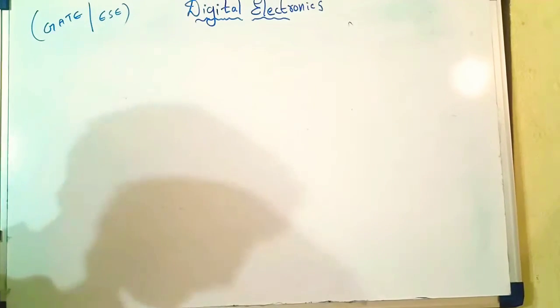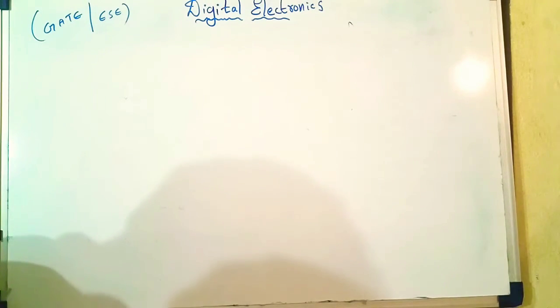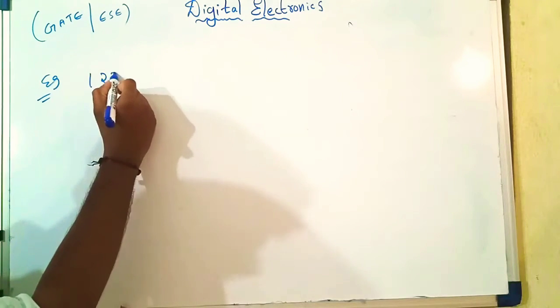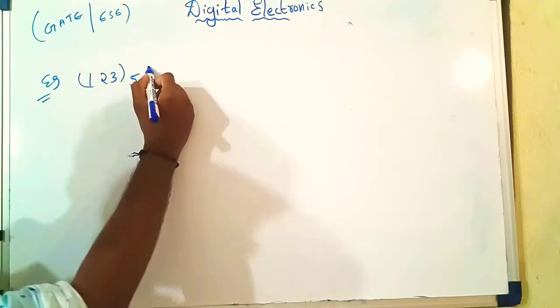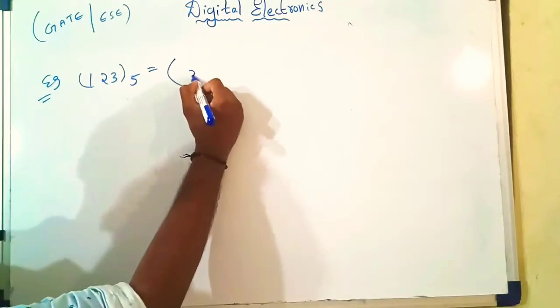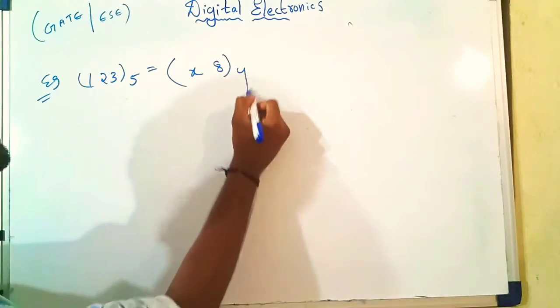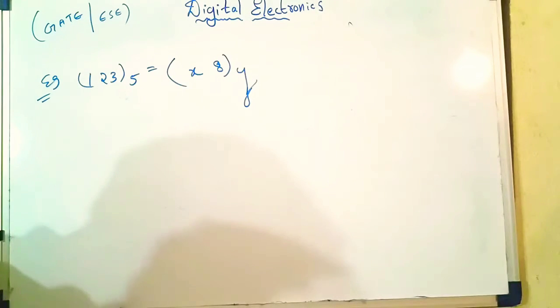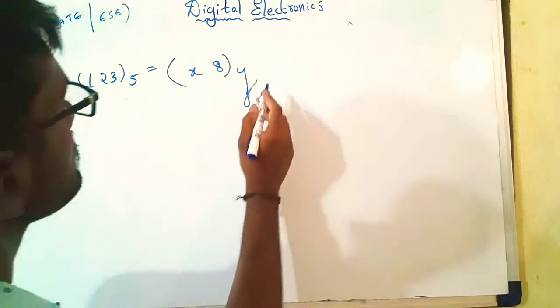We also see another example. This is 123 base 5 equal to x8 in base y.